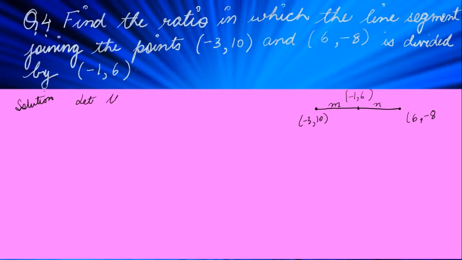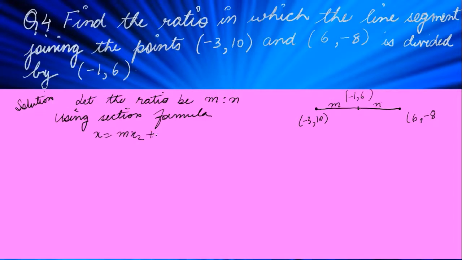So let the ratio be m to n. Now using the section formula, x is (mx2 plus nx1) upon (m plus n) and y is (my2 plus ny1) upon (m plus n).